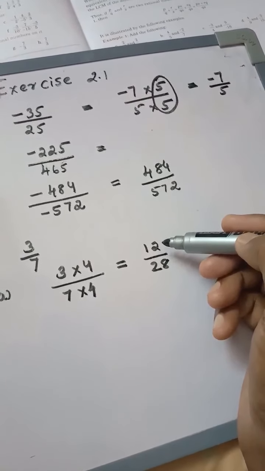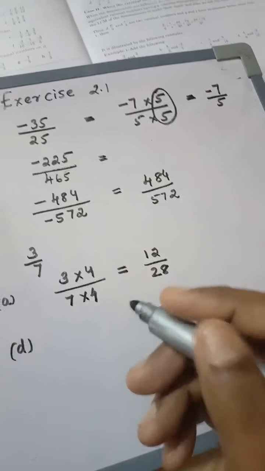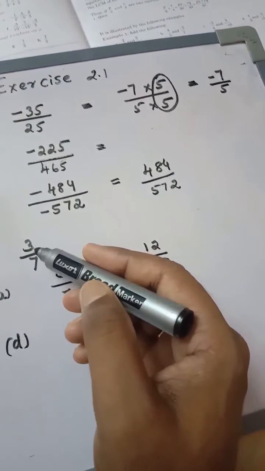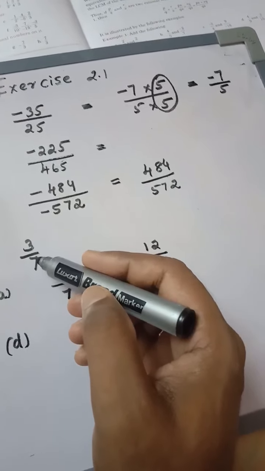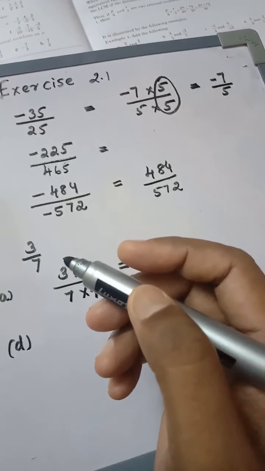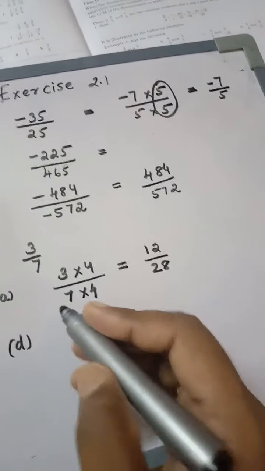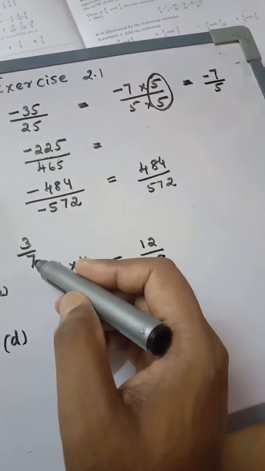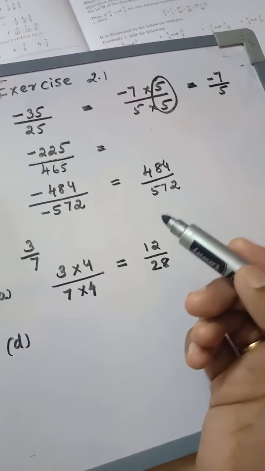Now, denominator minus 63. Question number 2D part. We have to make again the same given rational number 3 upon 7 with a rational number with denominator minus 63. So we know that 7 is the given denominator which is to be made as minus 63.